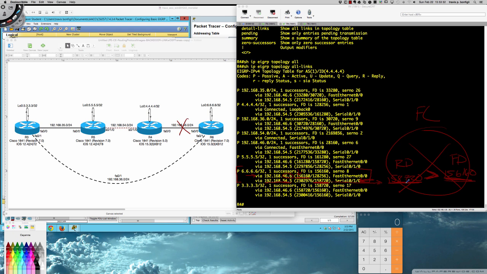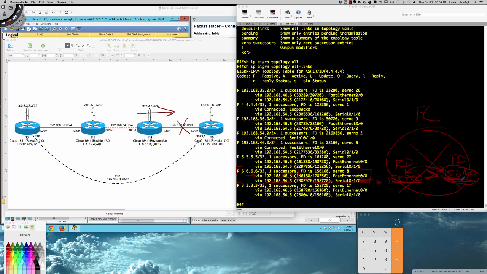So mathematically, it could be possible that this second route would come through router 4 going to the right of the diagram, because it could add that number in and give you a number that's greater than the feasible distance.